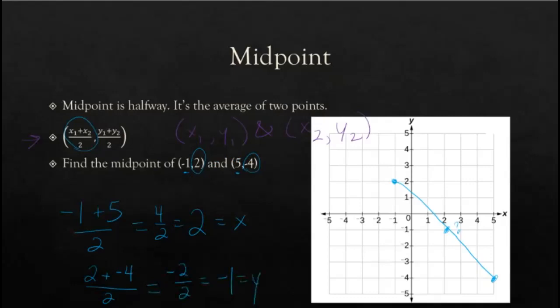That's the answer for my y. So if my line had been really straight, this would have been my midpoint. It's (2, -1). My midpoint is (2, -1). I averaged my x's and I averaged my y's to find out what I would have in between. That's it for today.